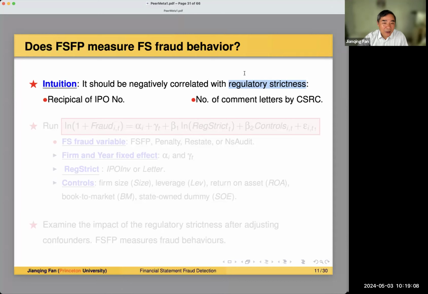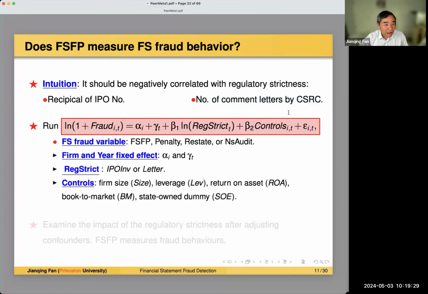Now how do I measure the regulatory strictness? We use the reciprocal, 1 over the number of IPOs. If the number of IPOs is lower, it means the regulatory environment is stronger. And another measure is the number of letters issued by the authorities, right?